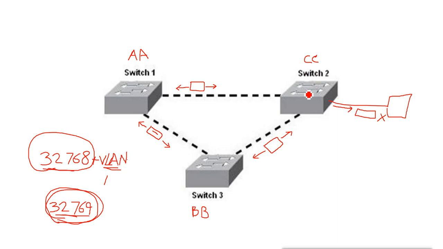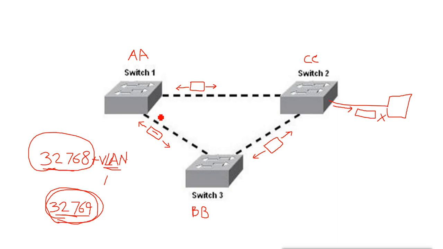Whichever switch has the lower bridge ID will become the root bridge. But by default, all the switches have the same bridge ID, because the priority number is a fixed value combined with the VLAN ID.